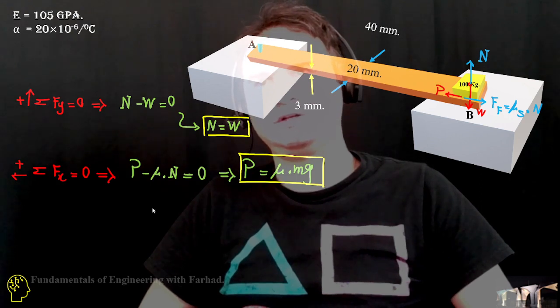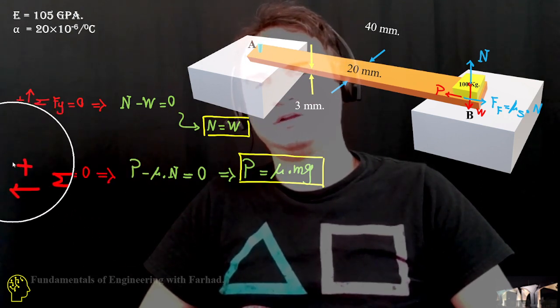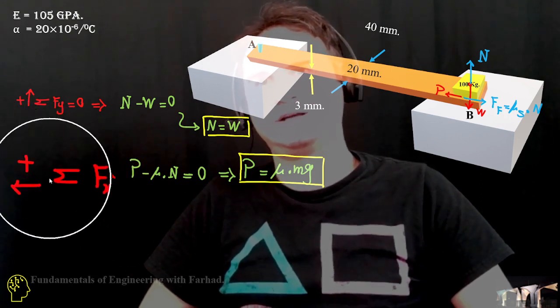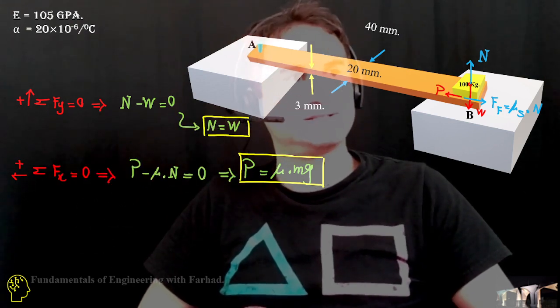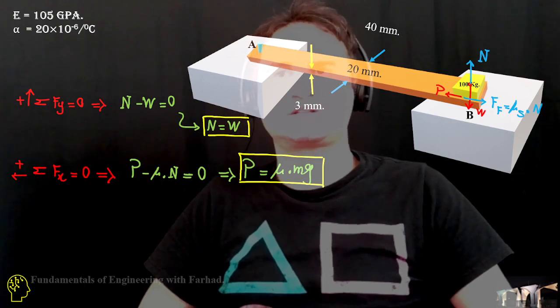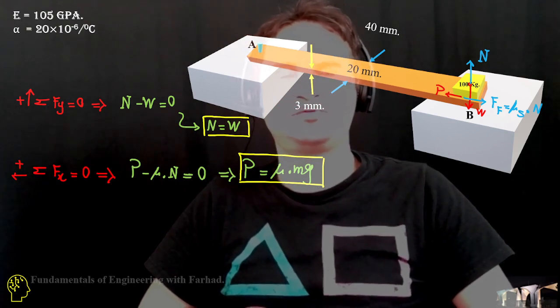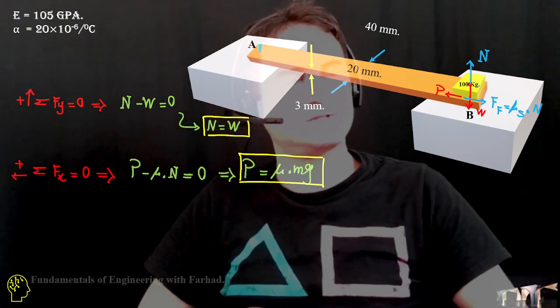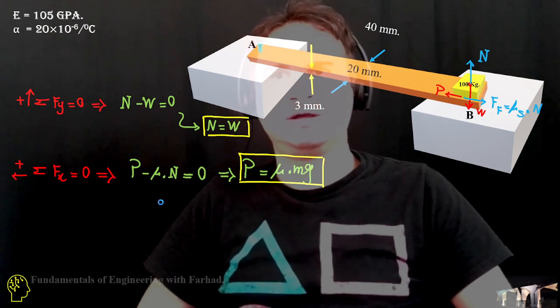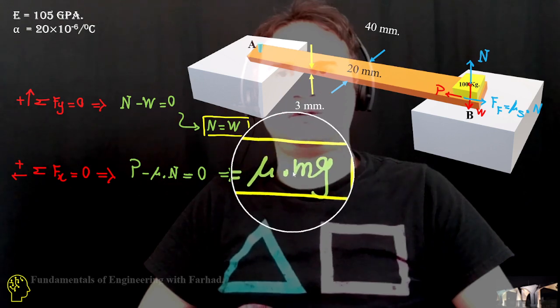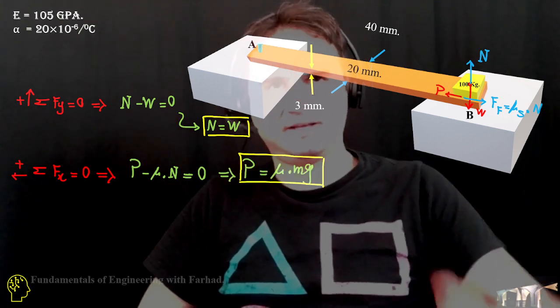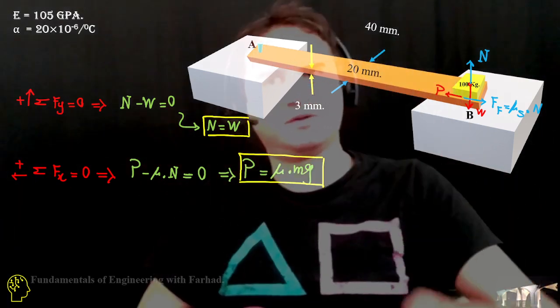I just put an arbitrary direction, opposite of positive x. You can put it in any direction, P minus mu N, but be consistent with your direction. It gives us P equal to F sub f. The force inside the brass is equal to mu times N, which is mu times mg. N is exactly mg in the vertical direction.